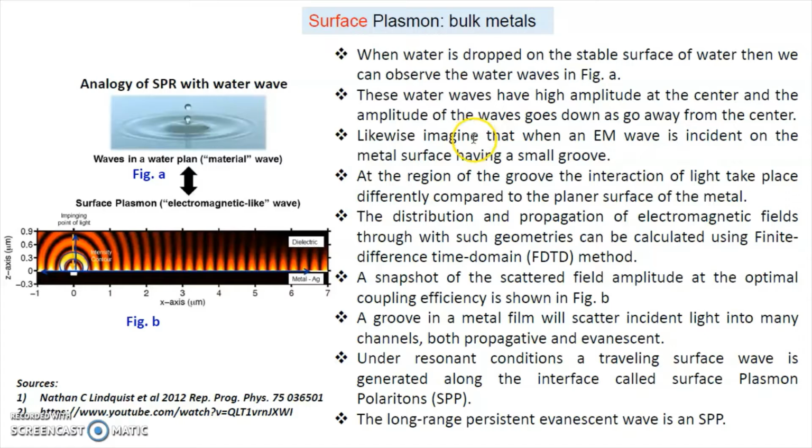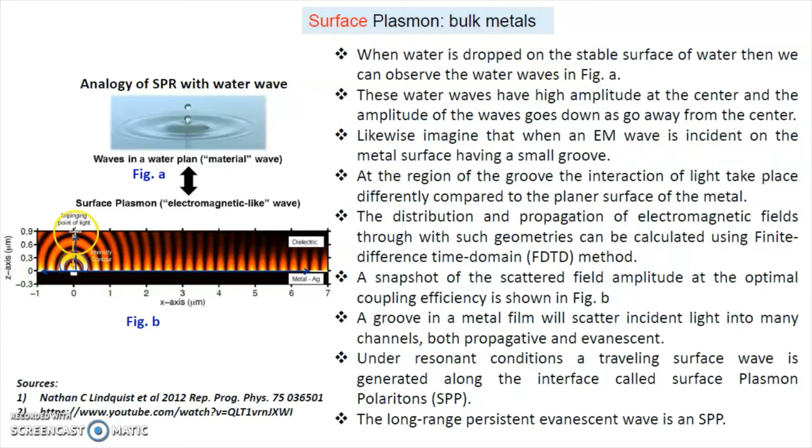Likewise, imagine that an electromagnetic wave, that is nothing but light, is incident on a metal surface having a small groove. Suppose, for getting a more intense electric field, we have a metal like silver. So this is a silver metal which is shown in black color.